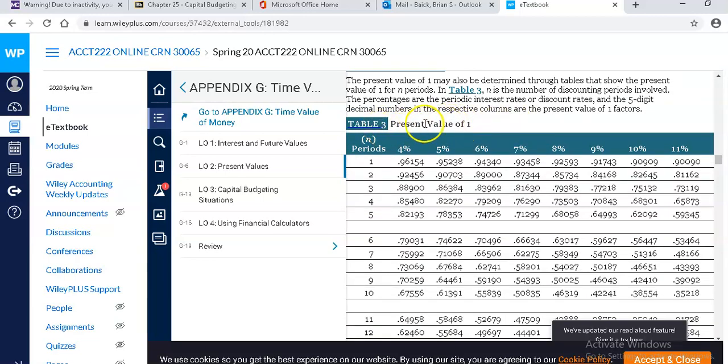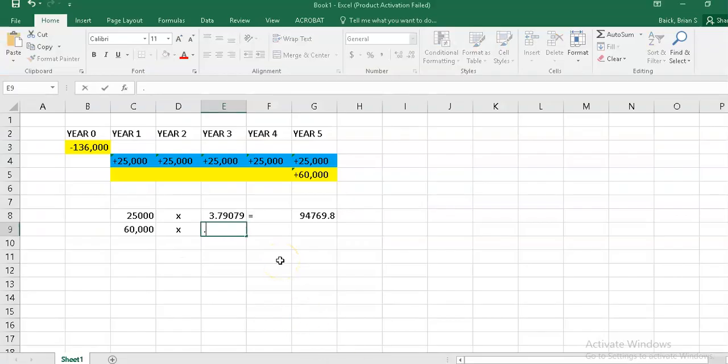Table 3 is single. Use the single table. What's the interest rate? 10%. And how many years? 5 years. 0.62092. Okay, so we take this, multiply by that, and that's what we get.